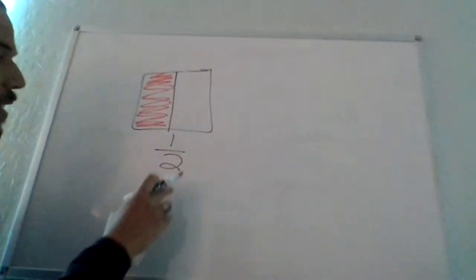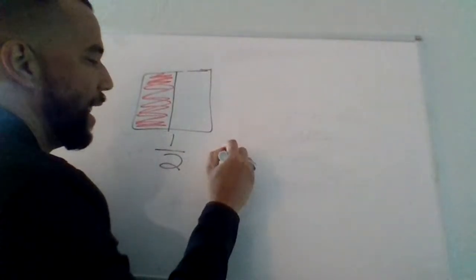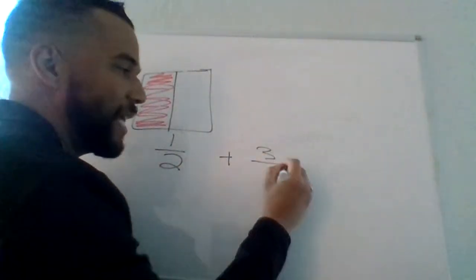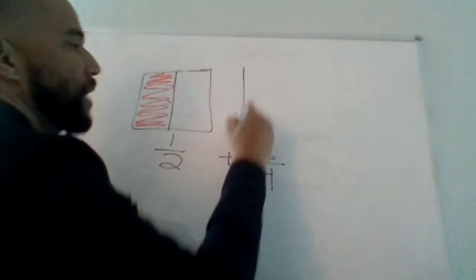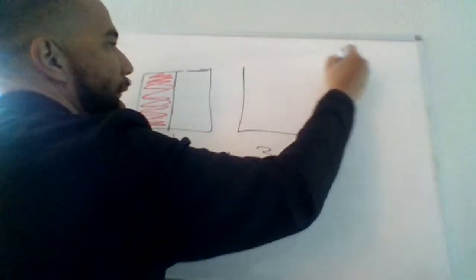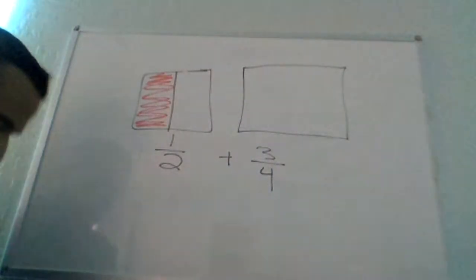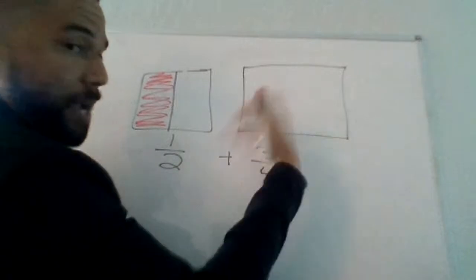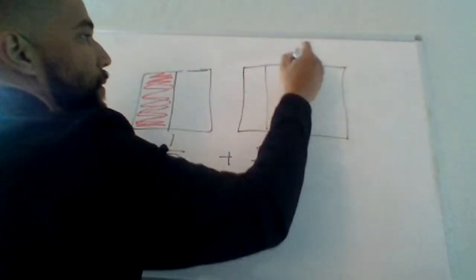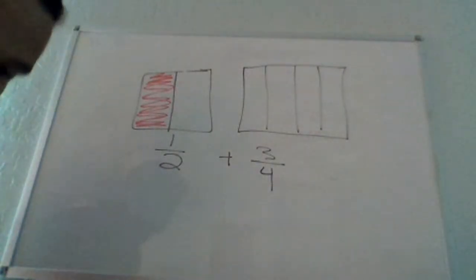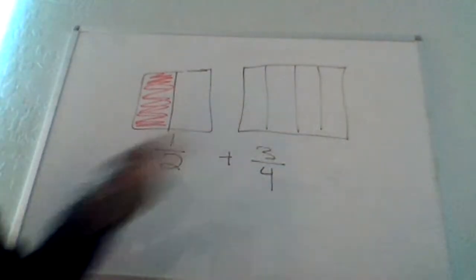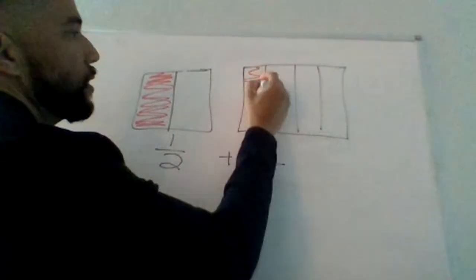Now, if I want to add, let's say 3/4, and I'm keeping nice simple numbers, here's what we're really doing. We're going to represent 3/4 as a model. So I'm going to partition it. I'm going to cut my model 3 times. Now I have 4 pieces. Out of these 4 total pieces, 3 of them are going to be shaded.